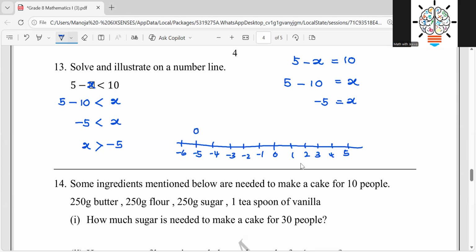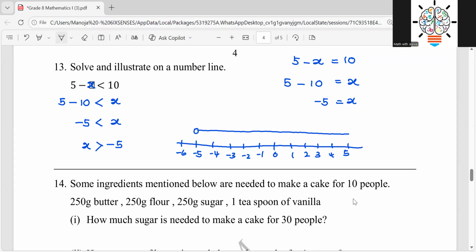Whatever the x values I'm talking about are greater than negative 5. So then this is what I'm talking about. The x values are greater than negative 5. Right? This is how you want to show it. And then we will move to the next one.